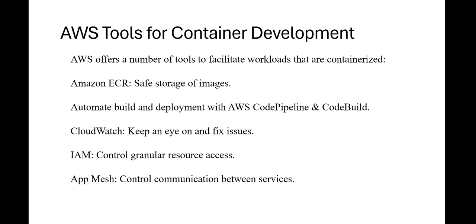Automate building and deployment with AWS CodePipeline and CodeBuild. CloudWatch: keep an eye on things and fix issues. IAM: control granular resource access. App Mesh: control communications between the services.